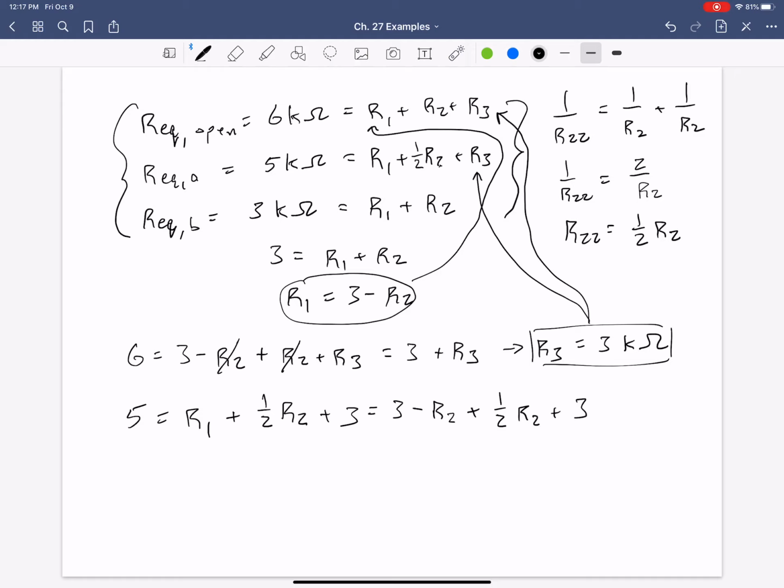All right, and now let's try and reduce a little bit. Notice here we can combine terms, so we have 3 and 3, that's 6. I'm going to bring that to the other side. Well, actually, let me just rewrite this.